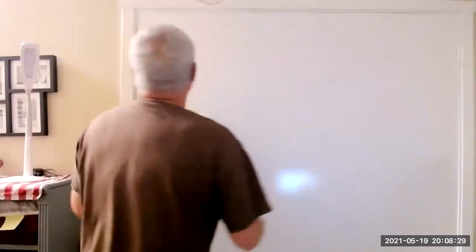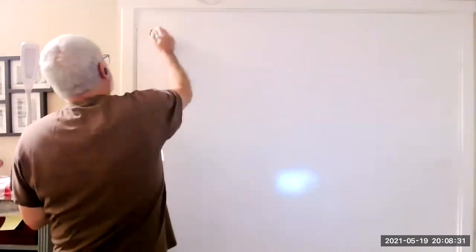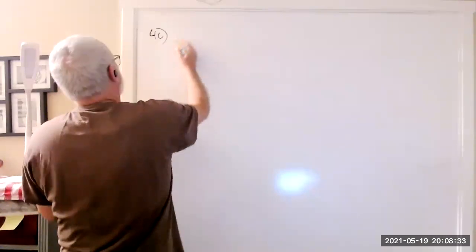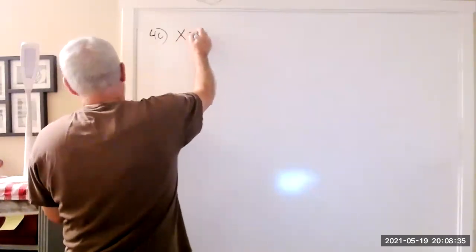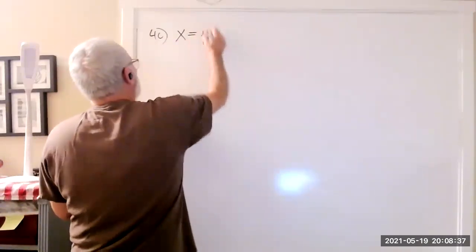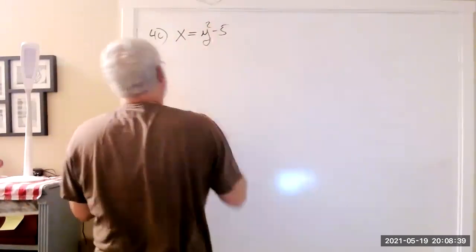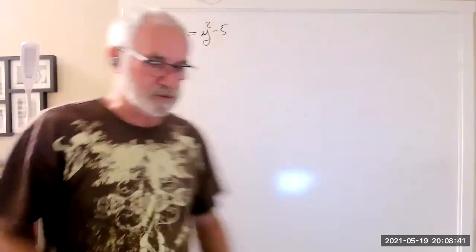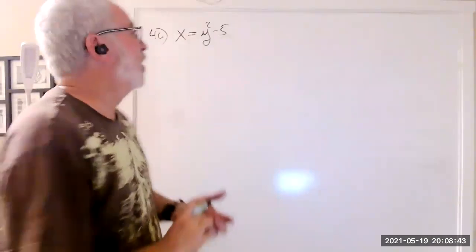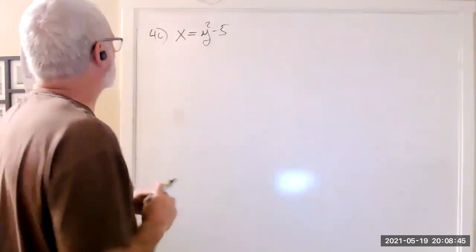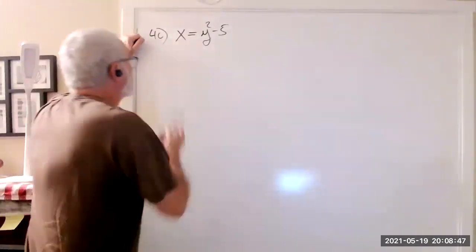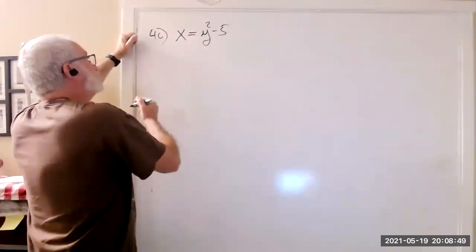All right, 4C. We have this x equals y squared minus 5. Oops. What shape is this? Parabola.